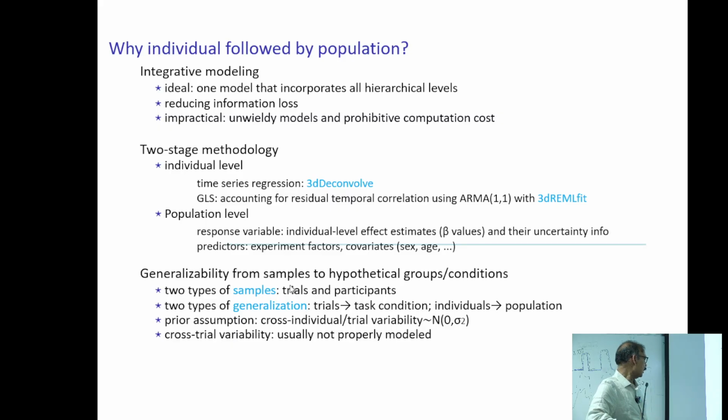And also two kinds of generalization: task condition, and individual to population. Also, in this case, you can have prior assumptions across individual variability, and cross-trial variability, which people try to account for as much as they can, right?